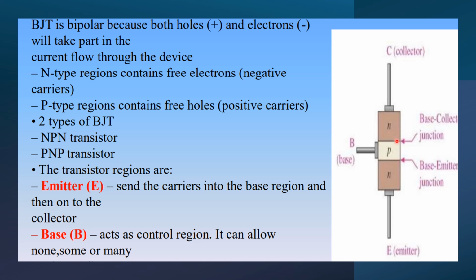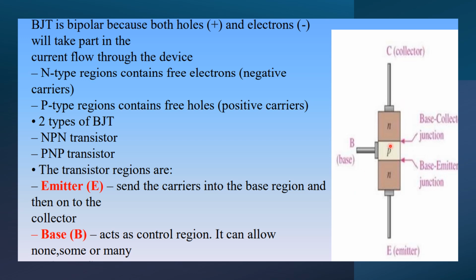Two junctions. Here we know that when P type and N type material are combined, there is a formation of the PN junction. Here the P type material and N type material form a junction. At the same time, here p-type material and n-type material form another PN junction. Three terminals, three layers, two junction device.